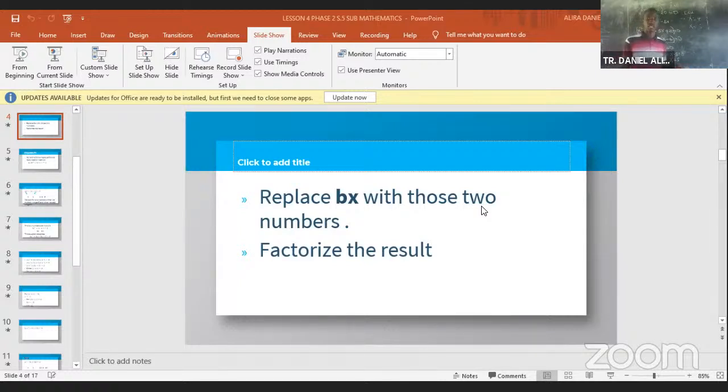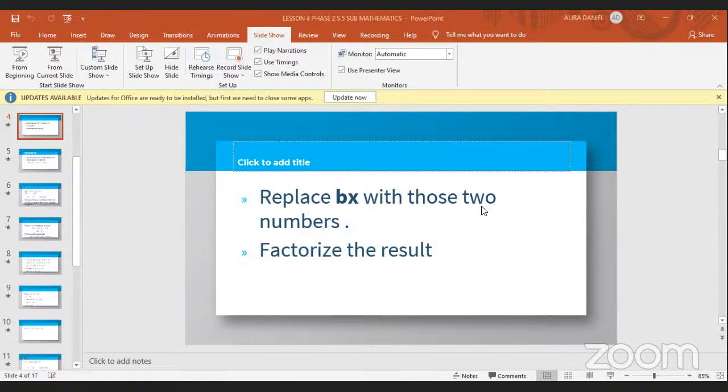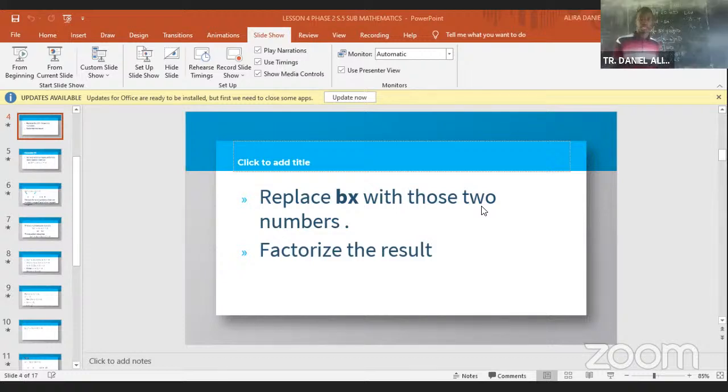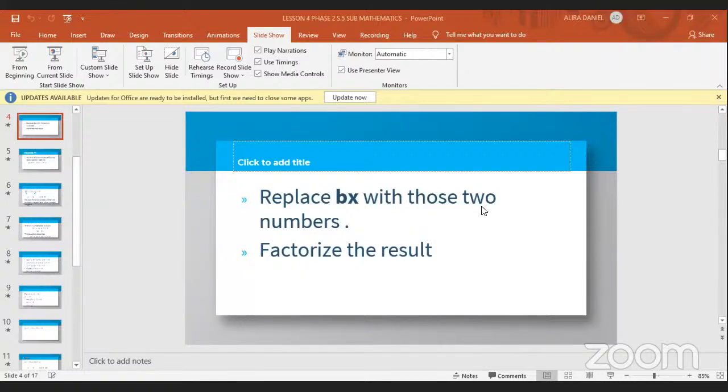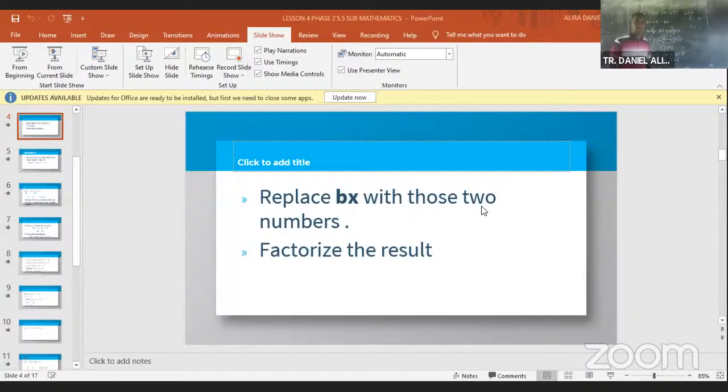Is there another person with a calculator? There's no one with a calculator. Yes, Mariam, do you have a calculator? Can you press mode until you see equation?